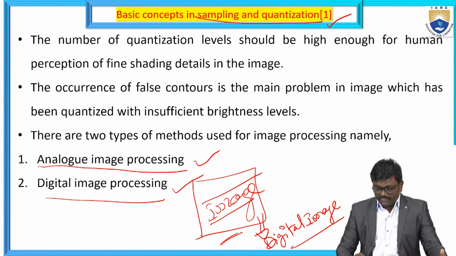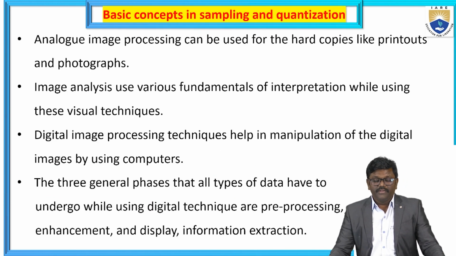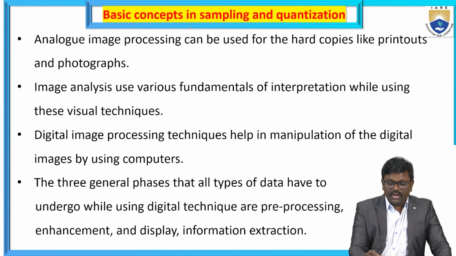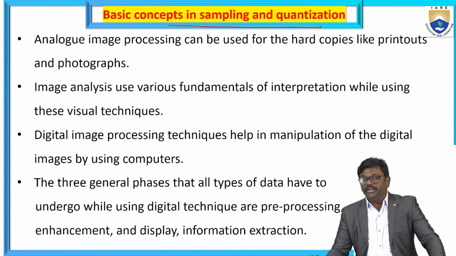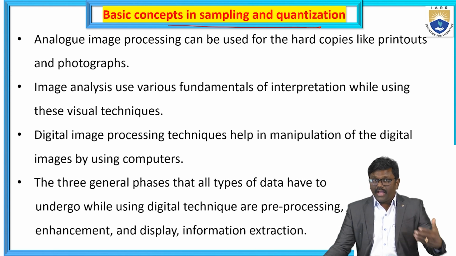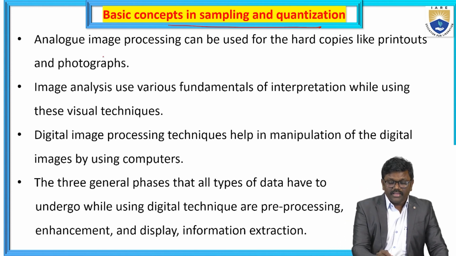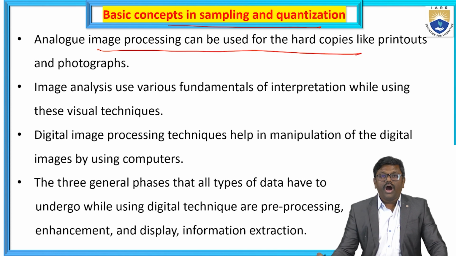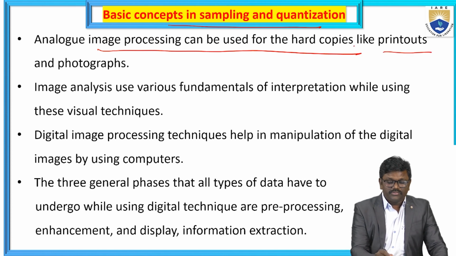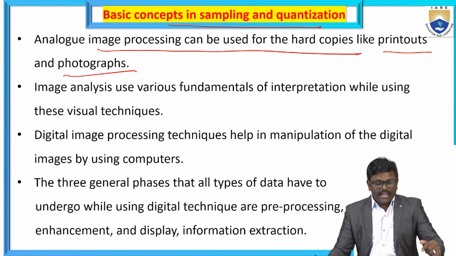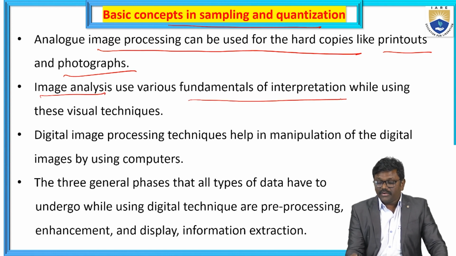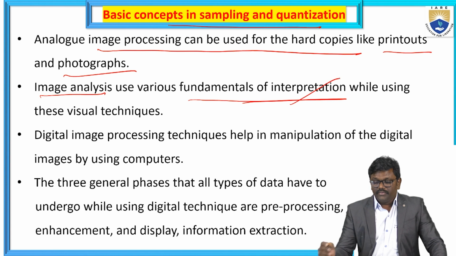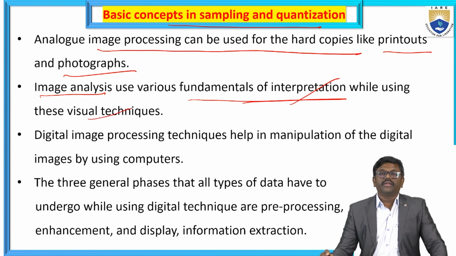If we concentrate on both topics, then how can your concepts in digital image processing happen? Analog image processing can be used for hard copies like printouts and photographs, whereas image analysis uses various fundamentals of interpretation while using the usual techniques.